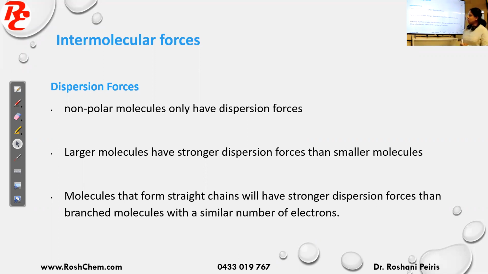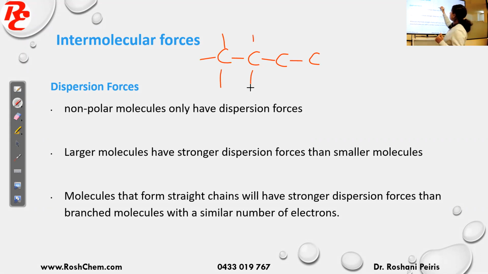Therefore, the melting and boiling points will be higher. The next point is molecules that form straight chains will have stronger dispersion forces than branched molecules with a similar number of electrons. Now I take two molecules with the same number of electrons, which means I can take two hydrocarbons. One is butane, which is C4H10, right?